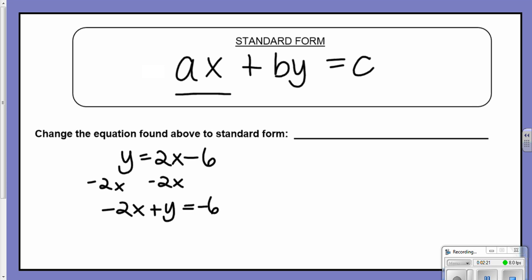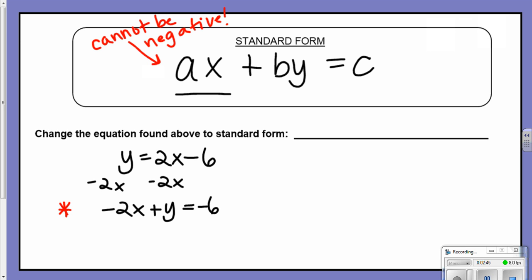That is almost perfect. It looks very similar to what is written above in that box. However, there are a few rules for standard form that we need to add to this. Okay? A right here, the coefficient with x, cannot be negative. So right off the bat, we look down at our example right here, and we've already broken one rule, right?